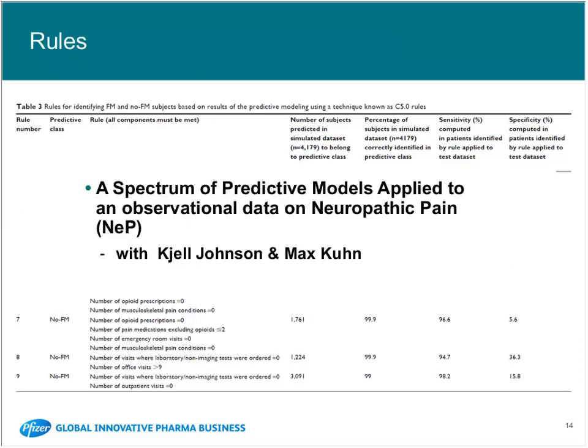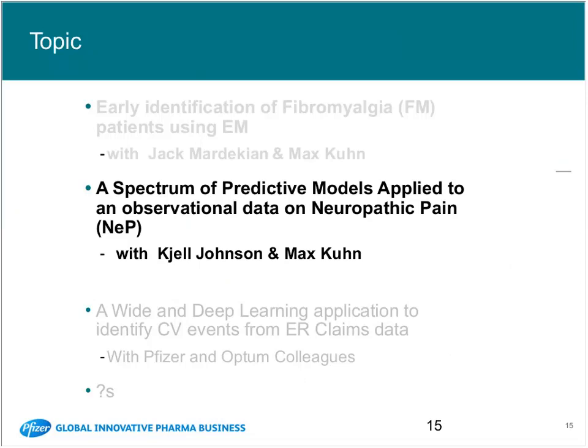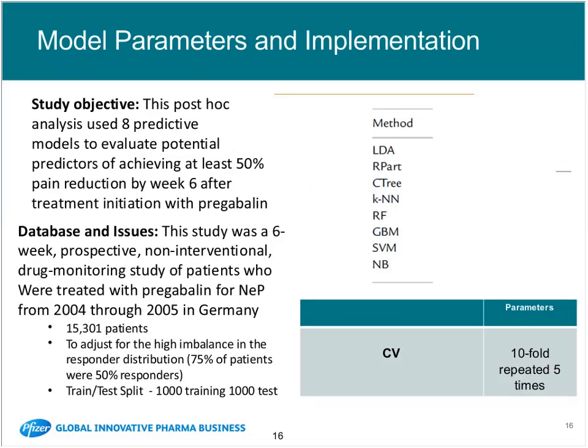So in the second part, we use a study from a 6-week, non-interventional perspective, of patients on neuropathic pain with pregabalin in Germany. This was about 15,000 patients, and again, we had some kind of imbalance issue there.